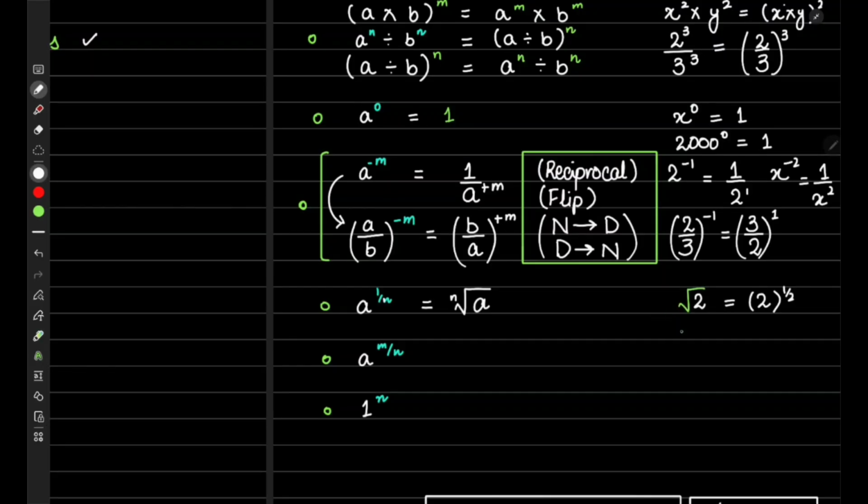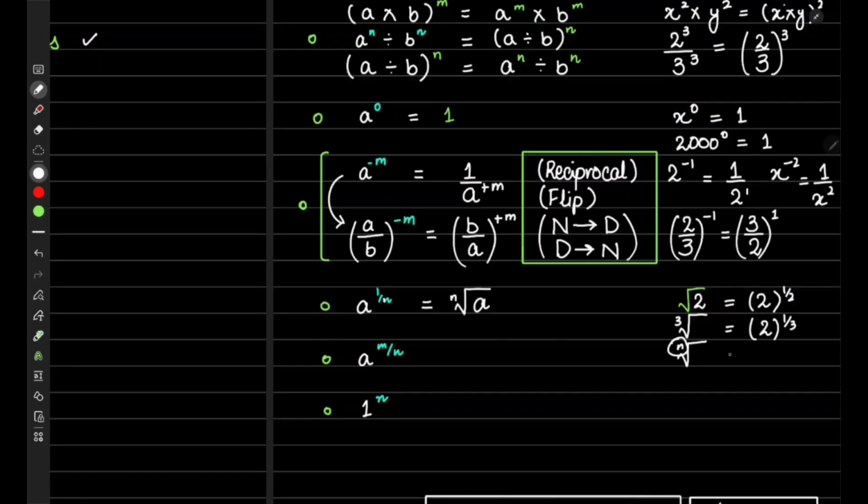Now if the power is 1 over 3, we call it the cube root. For all the other roots, whatever the power is, we just write the small number in a superscript, whether it be 4, 5, 6, and we call it the 5th root, 6th root, and so on.